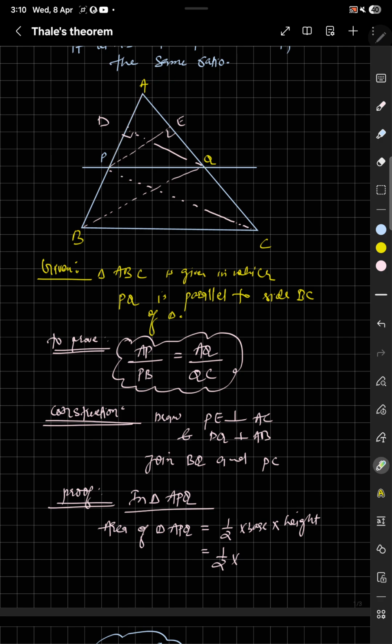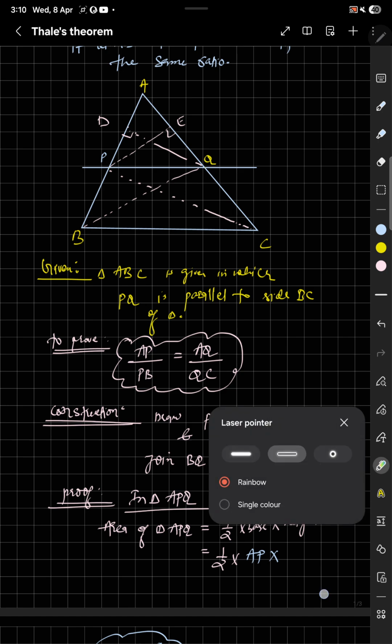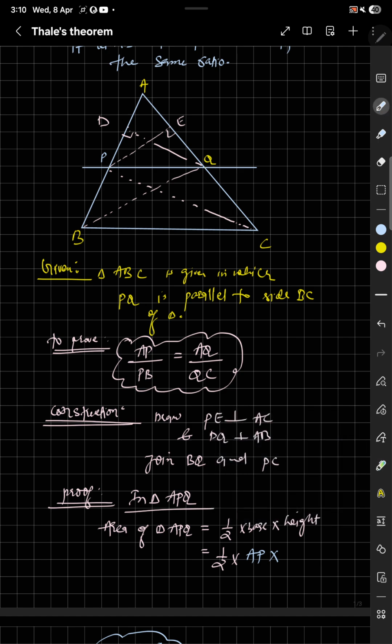So base is AP and height is DQ. Number this as 1. Okay.